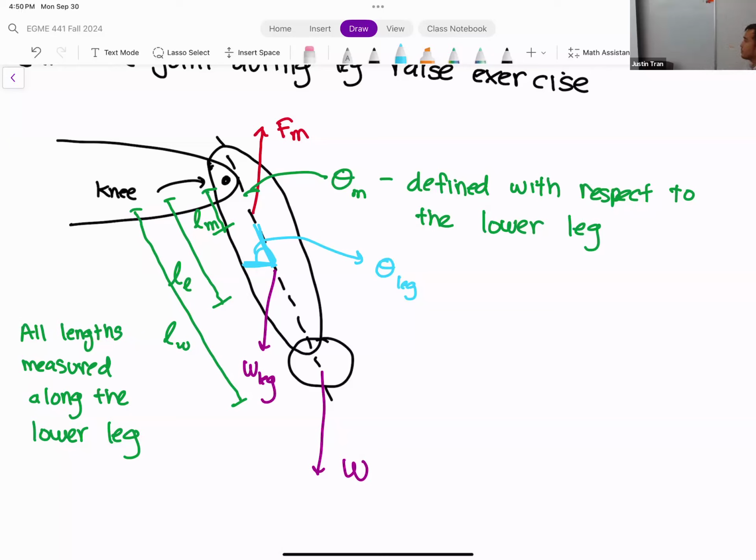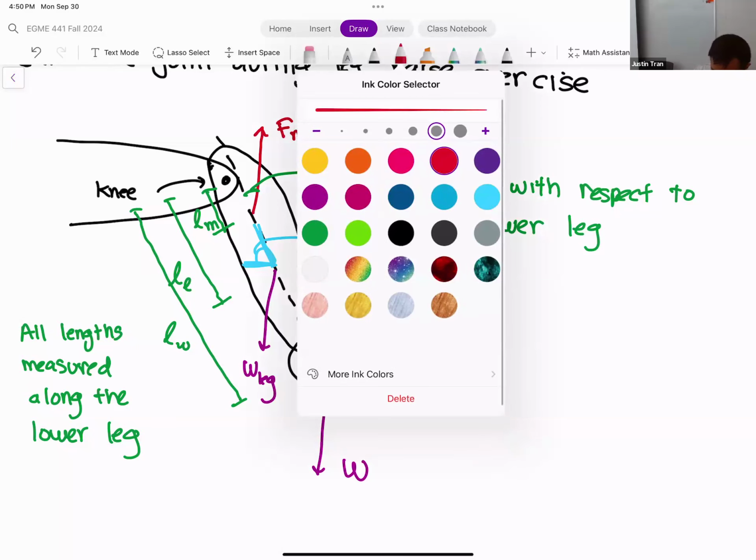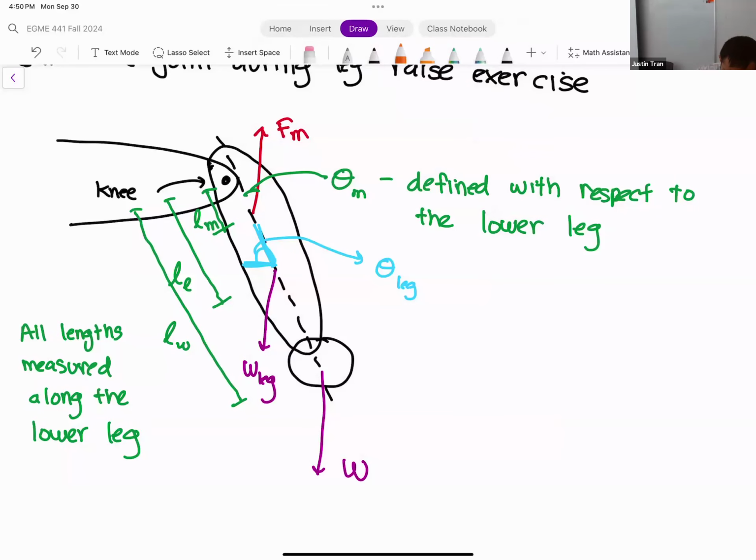That angle the leg makes with the horizontal, we'll call theta leg. And then, of course, the other thing we're interested in at the knee joint is the joint force in the x direction, so call that Jx, and the joint force in the y direction, Jy.